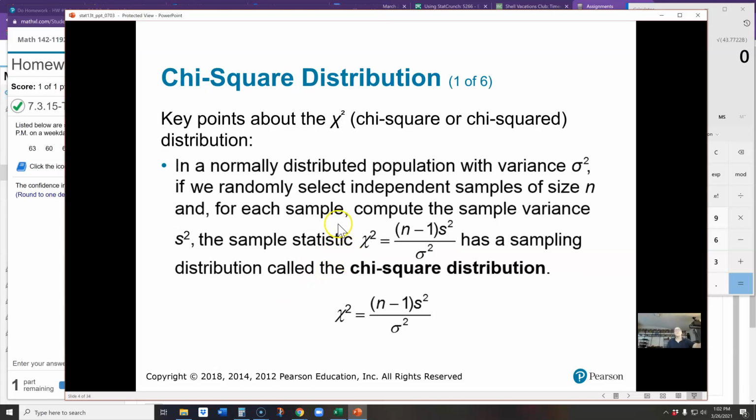And so if we look at this, they're going to give us a formula. So before, we had a formula for how to calculate a z-score, and we had a formula for how to calculate a t-score for a t-distribution. So this would be a formula for how to calculate the chi-squared score. So the chi-squared distribution will have a chi-squared score.